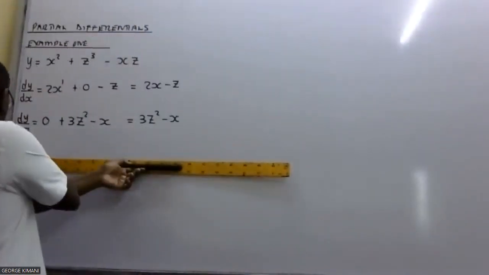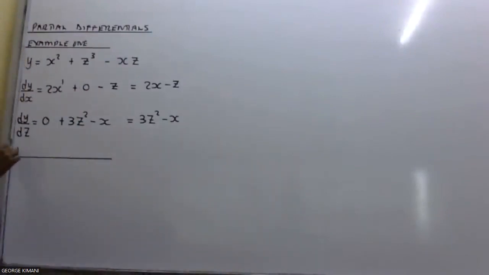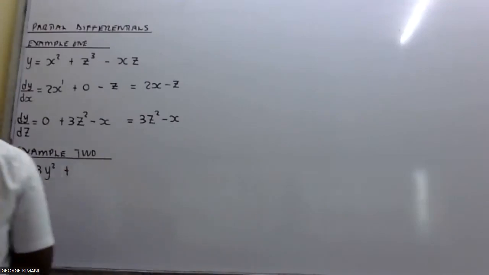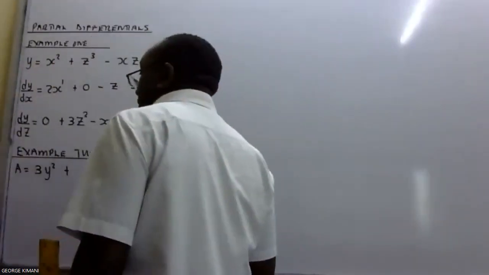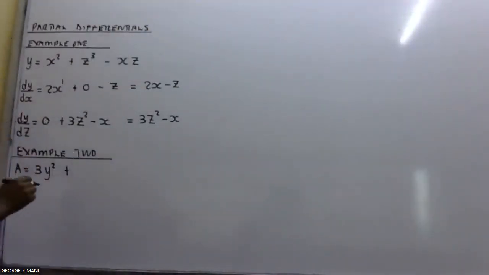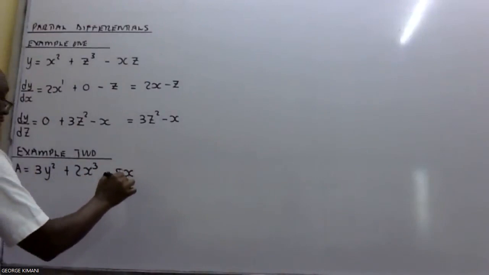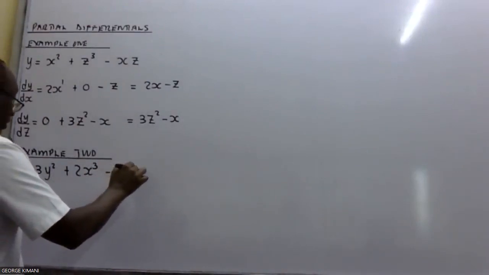We can have example 2. If you are told a is a function of 3y squared plus 2x cubed minus 5xy.